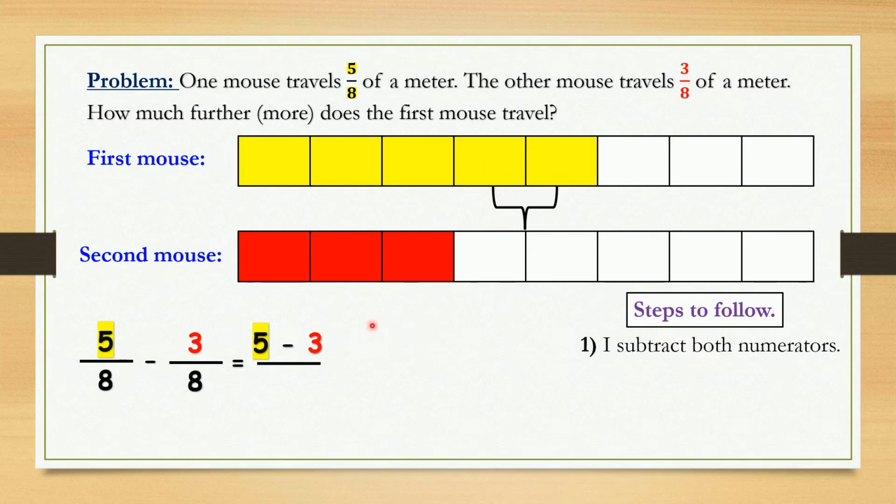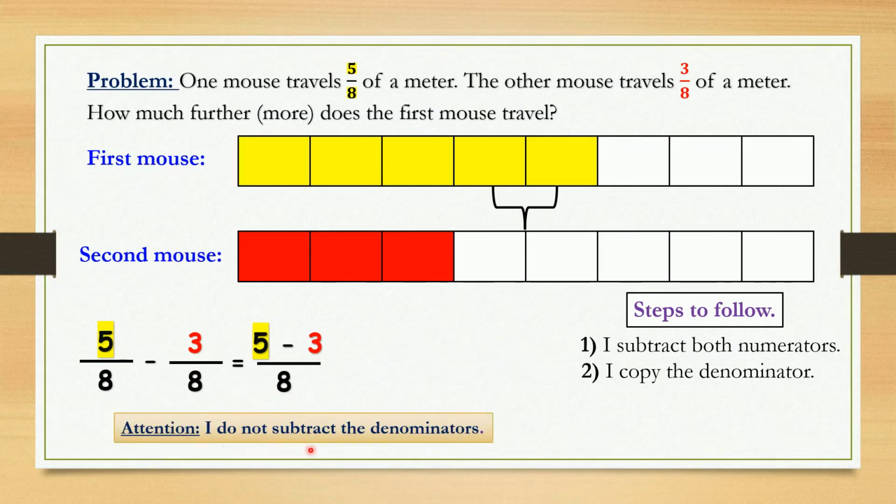And in fact, 2 over 0 or any number over 0 is impossible, as we learned before. So second step, I copy the denominator as it is. Attention, I do not subtract the denominators. Equals 2 over 8.